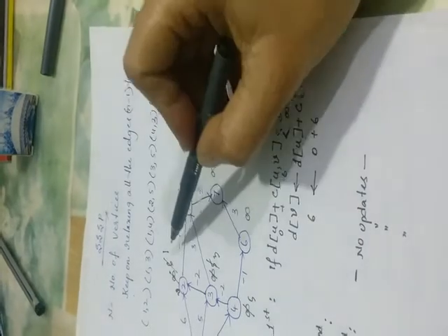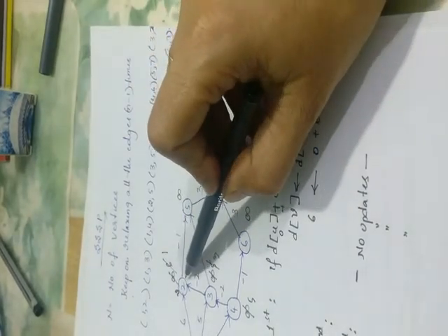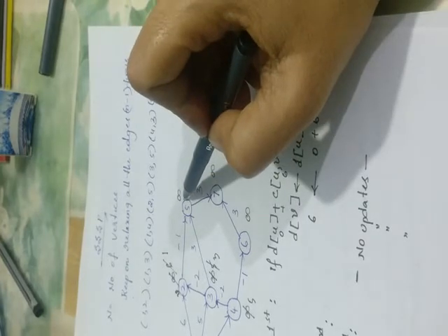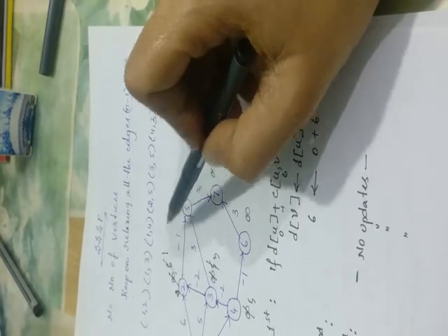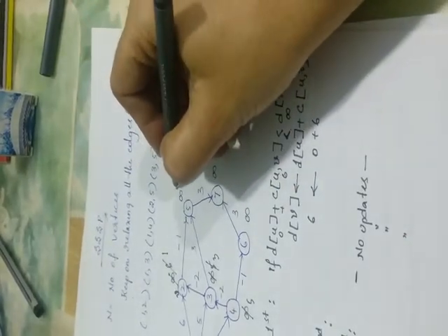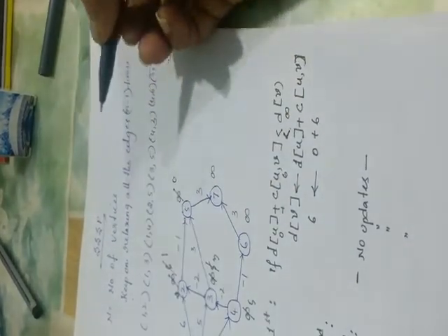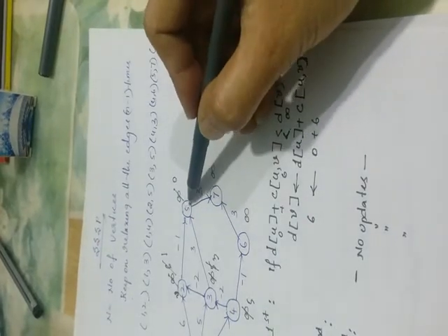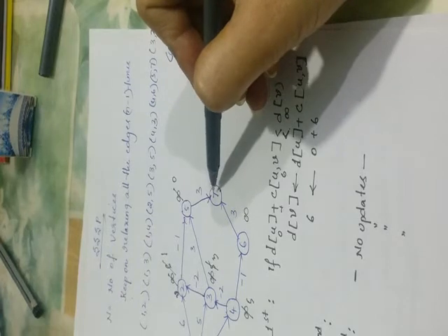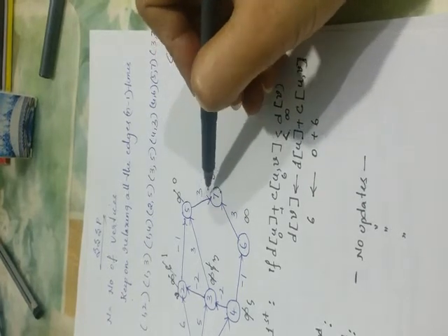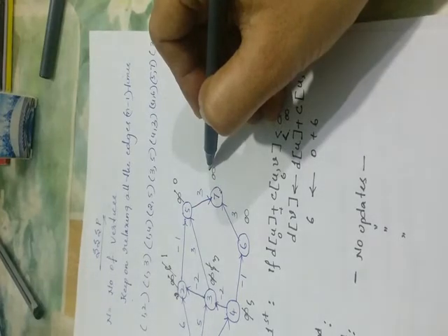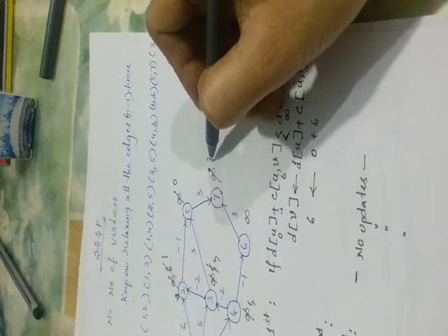Next I'll be taking the edge 2 to 5. So 2 to 5: d of 2 is 1, 1 minus 1 is 0. So 0 is less than infinity, so I'll be updating it. Next, 5 to 7. D of u is 0 plus 3, it will be 3. So 3 is less than 7, so I'll be taking this 3.